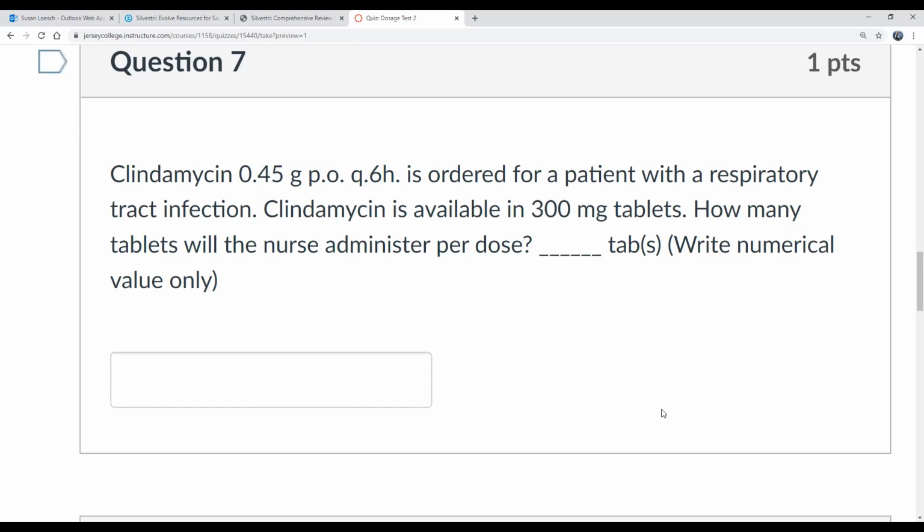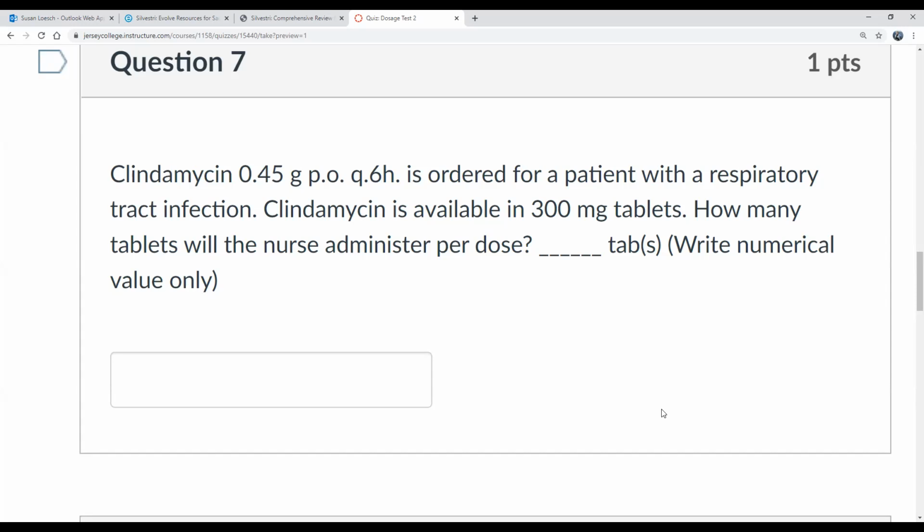All right, here's one that looks a little complicated, doesn't it? It's asking how many tablets will you administer per dose? So it only wants 1 dose, and what you have is 300 milligrams. What do you need? Converting.